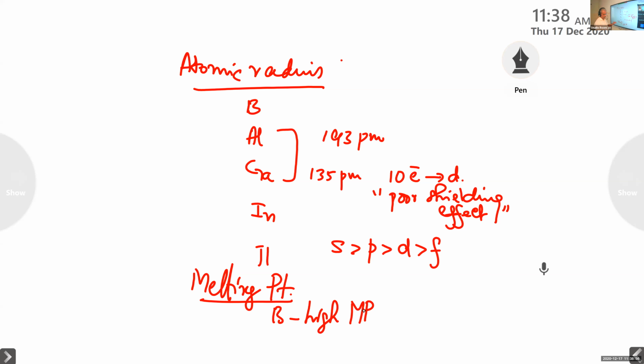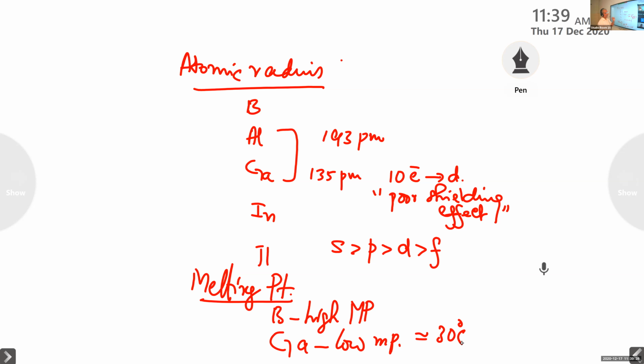Now you go down the group, you take the case of gallium. Gallium has very low melting point. The melting point of gallium is almost 30 degrees Celsius. So what happens during summer season?